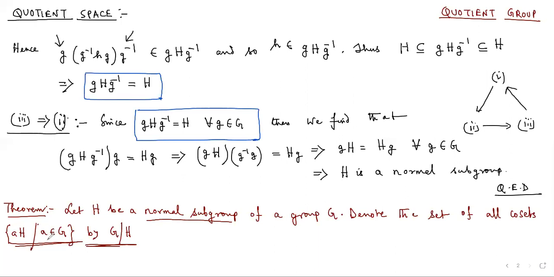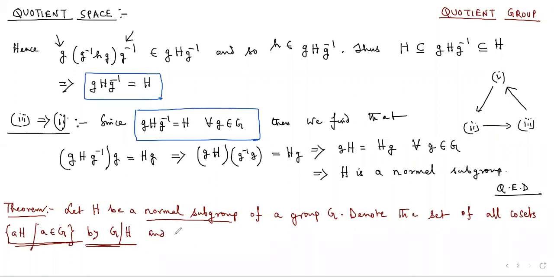If there are 10 elements in G and you consider this normal subgroup H, then in G by H we have the elements A1H, A2H, A3H, and in this manner, A10H. So the elements of G by H will be of this form.